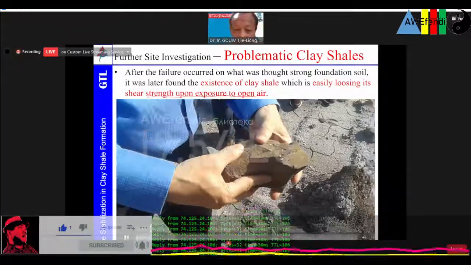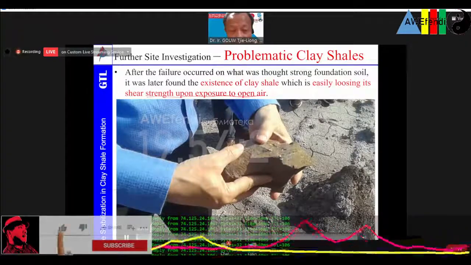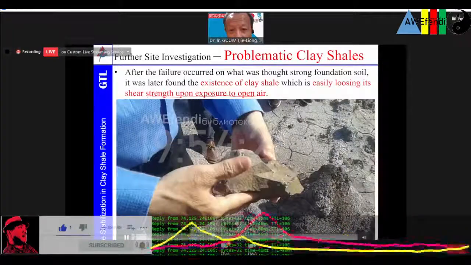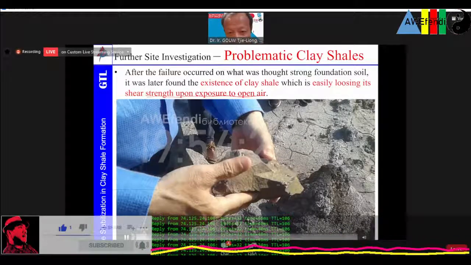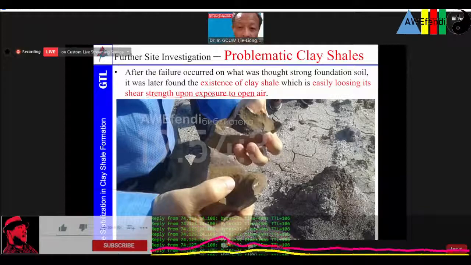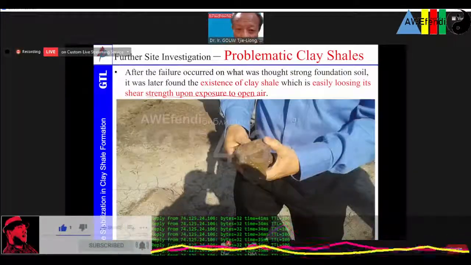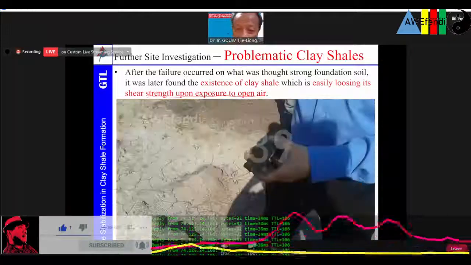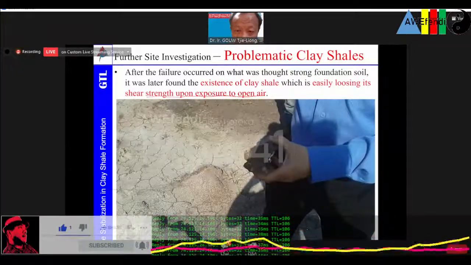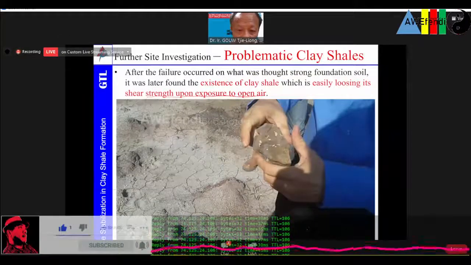You can see that this is my hand when I go there. Yeah, this looks like rock. You see, I can just easily peel it off. Not very strong actually. Looks very strong, but not difficult to break off. That is one of the characteristics of this clay shale formation.